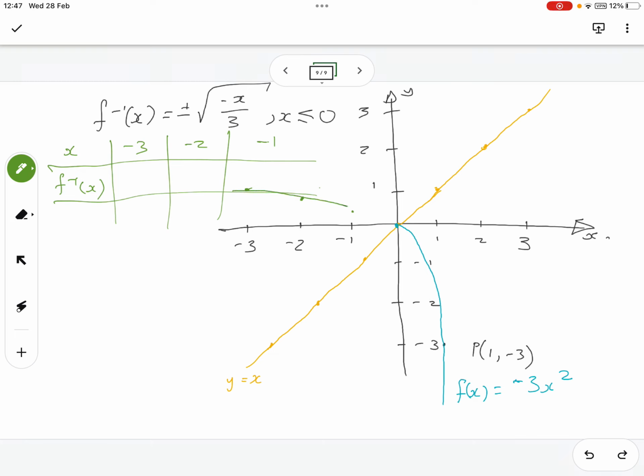Not looking curved. Okay, but it's fine since we don't really.